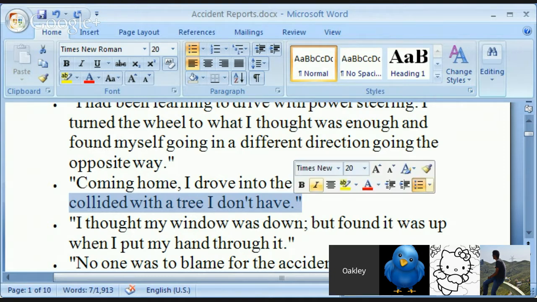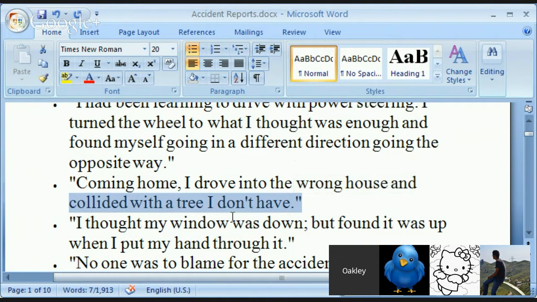No, it doesn't make much sense. It's just peculiar. Grammatically incorrect, I guess, but very peculiar to talk about an action, collided with a tree, an object noun, and then I don't have. That doesn't make sense, really.